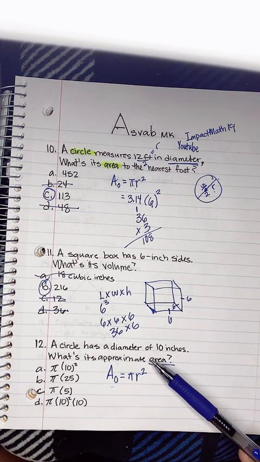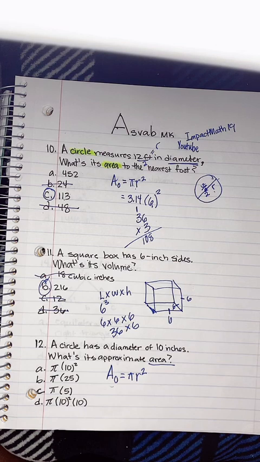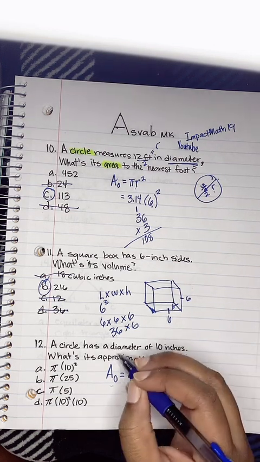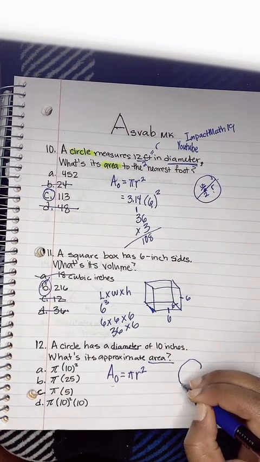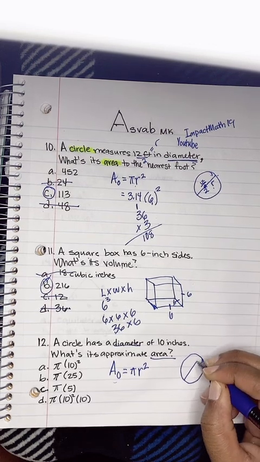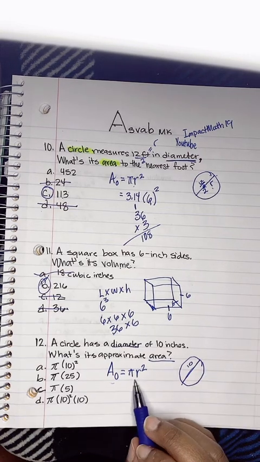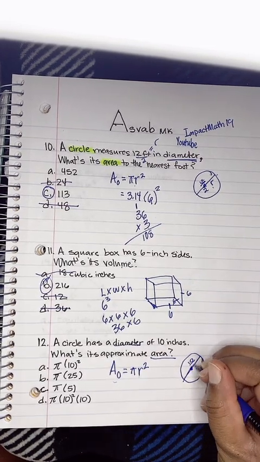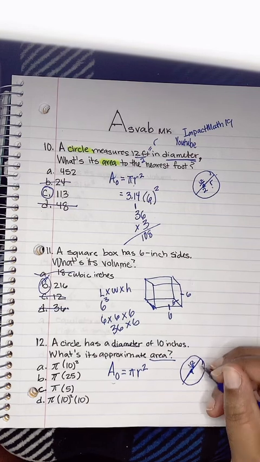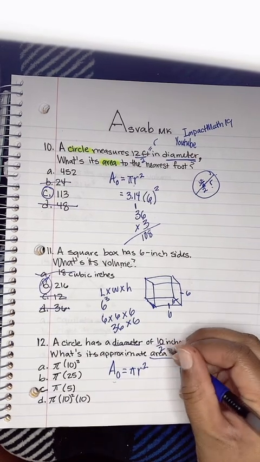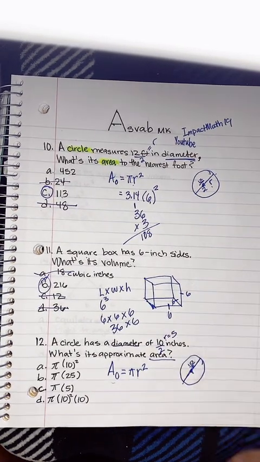Good. So Usher said B. I'm seeing B come in. I have to understand what diameter means. We draw our circle. Remember, diameter is the line across the entire circle. We need to find the radius, so we take half of that. So r would equal 5.